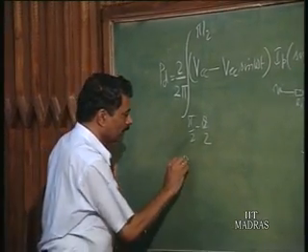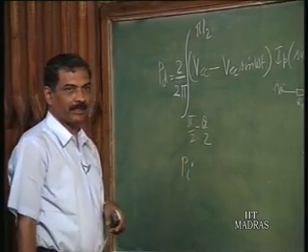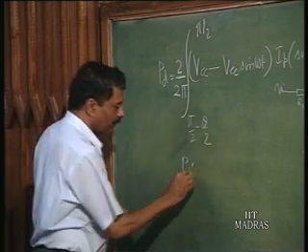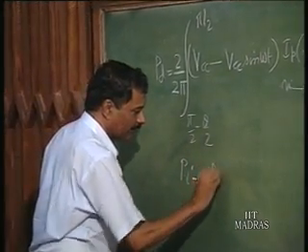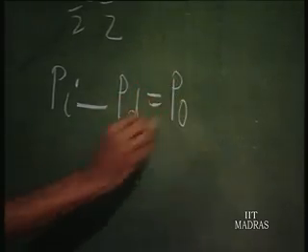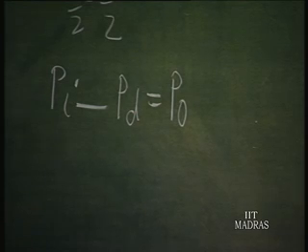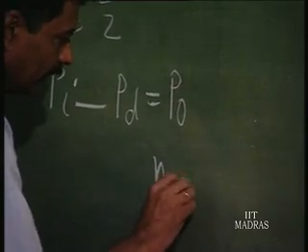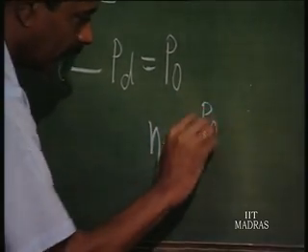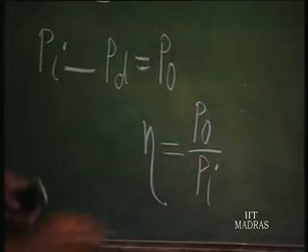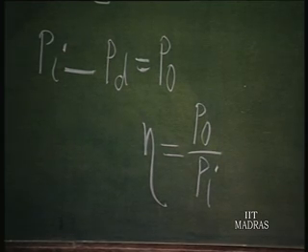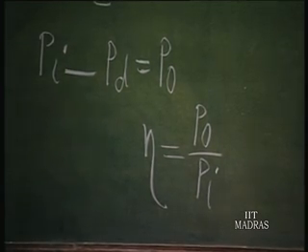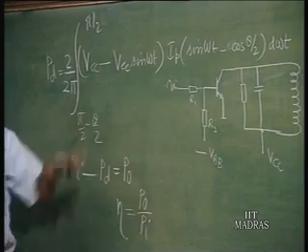So, power inputted, which has already been evaluated by us, minus power dissipated is the output power. Efficiency, therefore, is nothing but output power divided by input power. We can once again evaluate this.